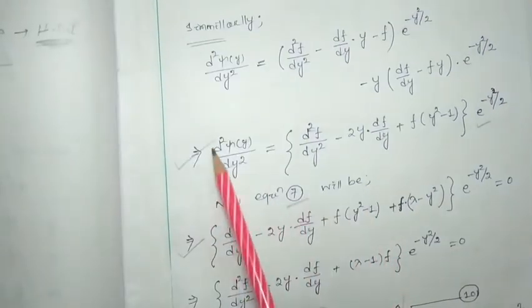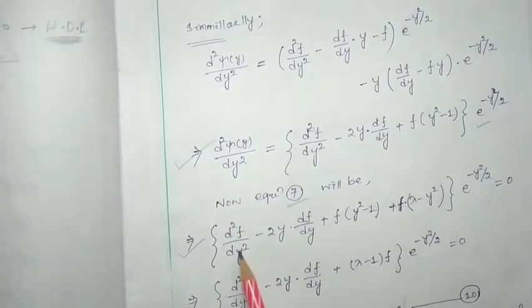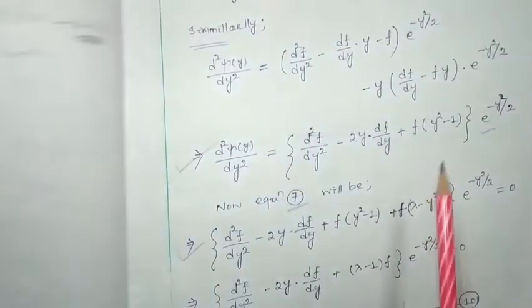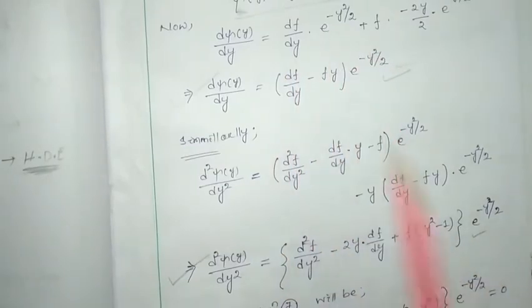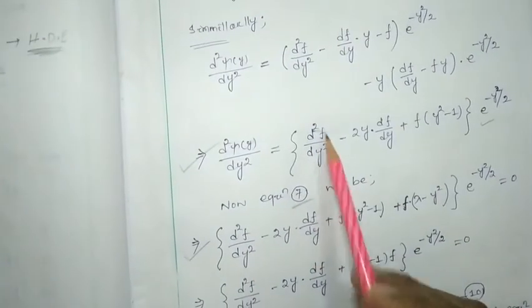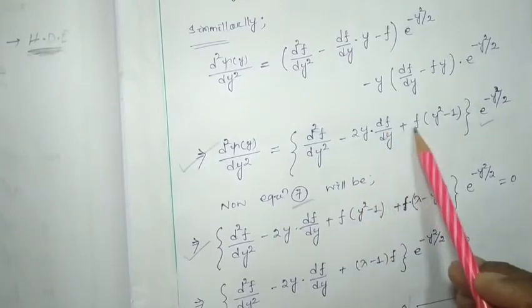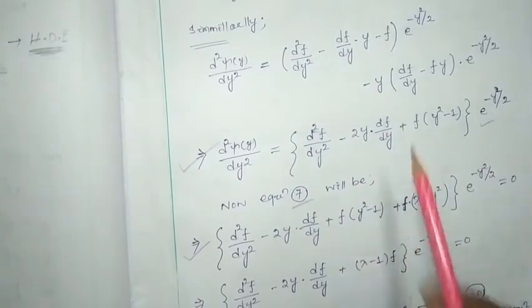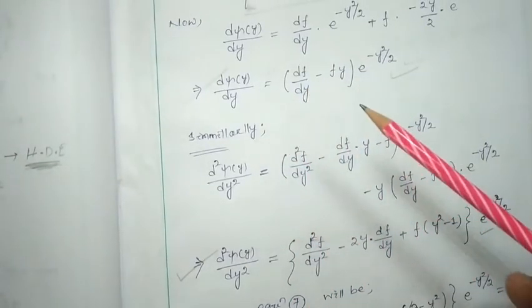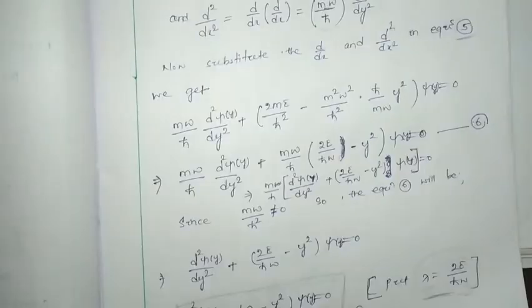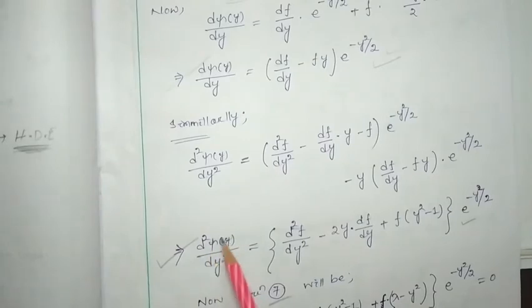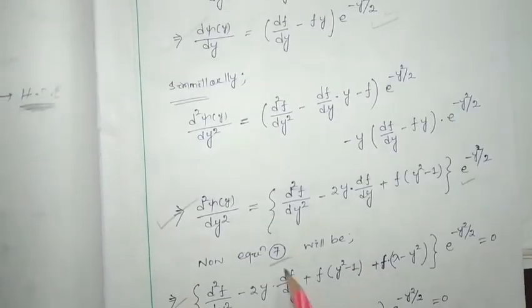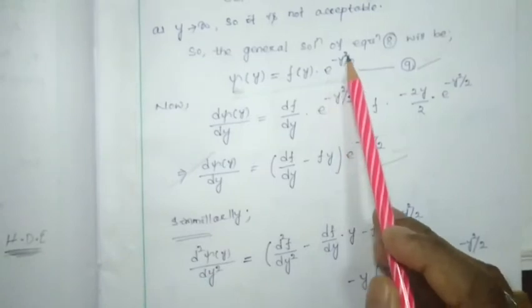Carefully just watch, d square psi by dy square I am going to put in equation number 7. This much I have substituted, then this one I have substituted, so it will be d square f by dy square minus 2y df by dy plus f into y square minus 1. And here d square psi by dy square I have substituted, then psi of y is f of y into e to the power minus y square by 2.